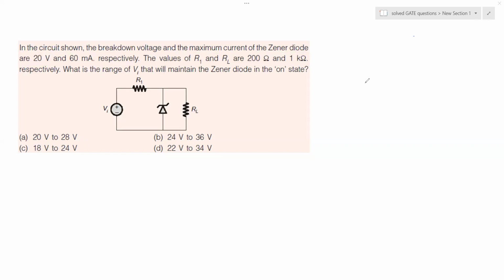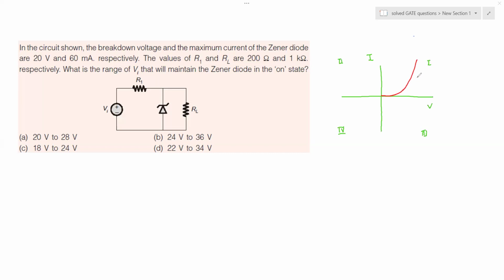Now we know that from the Zener diode operation and its characteristics, this is the IV curve of the Zener diode. So this is quadrant 1, this is quadrant 2, this is quadrant 3, and this is quadrant 4. The operation of the Zener diode is primarily defined in two quadrants, quadrant 1 and quadrant 4. In the first quadrant, it works as a normal PN junction diode.